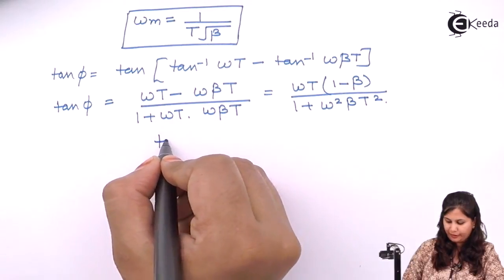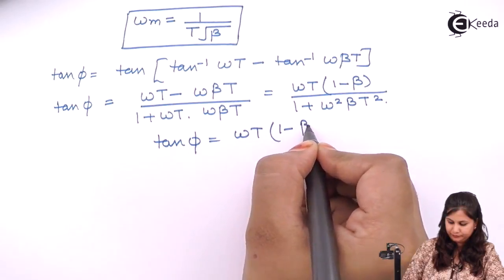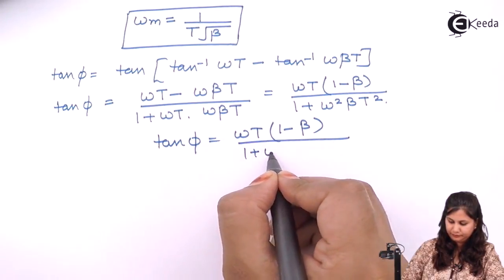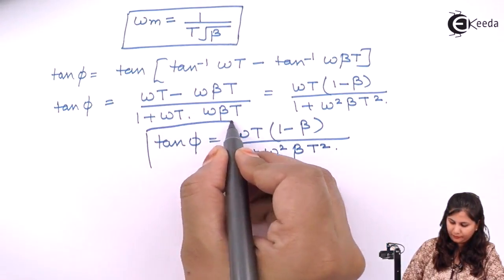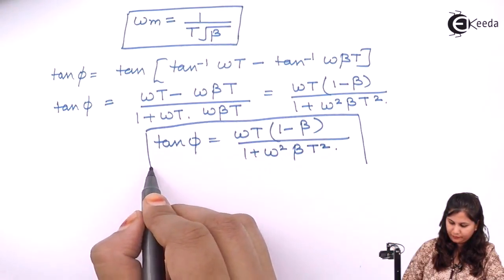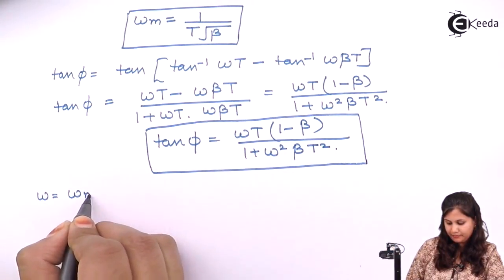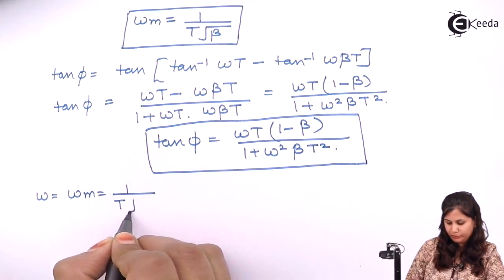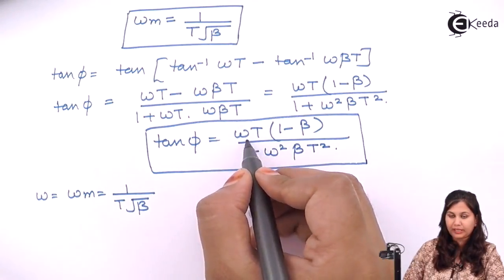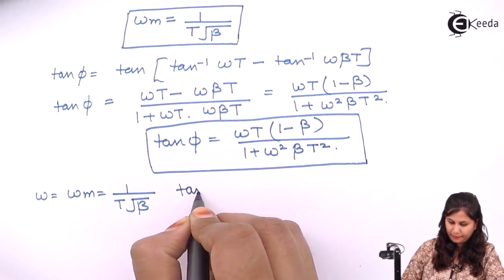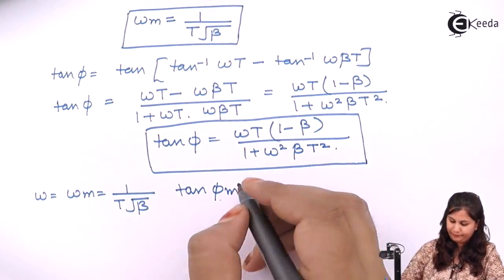This is tan phi. Now we have omega equals to omega m equals to 1 upon t root beta. We have calculated here. So just replace this omega by omega m. So this tan phi, it will now become tan phi m.